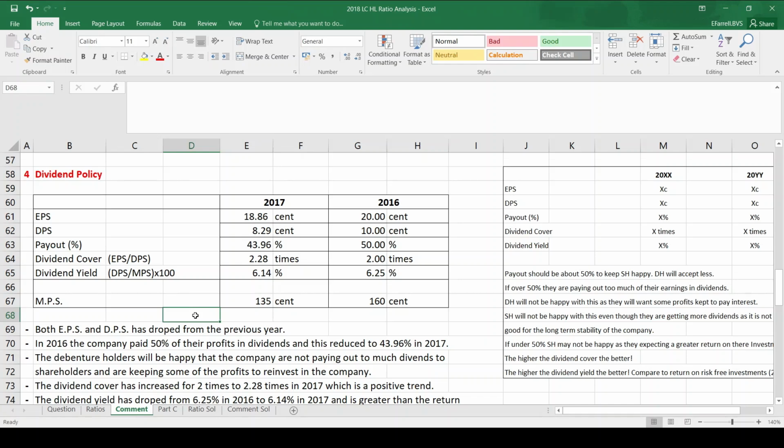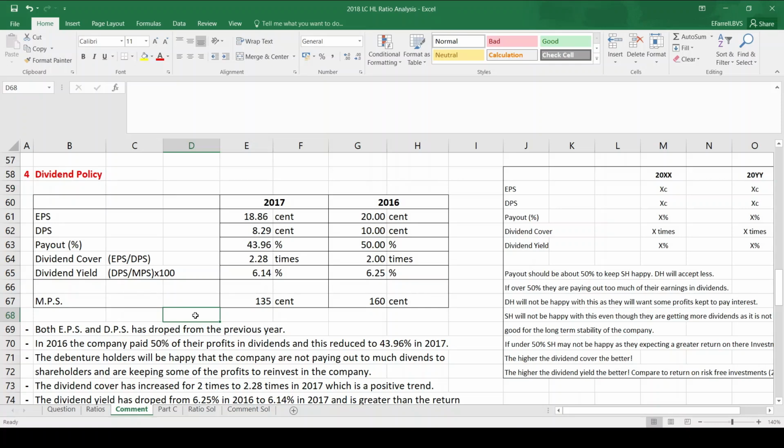They usually say around 50% is good. So you give 50% to the shareholders to keep them happy, and you keep 50% to reinvest in the company. From the point of view of the bank, they definitely don't want it higher than 50% because then they would feel that the company is paying too much money to their shareholders and they're not planning for the long term, as in to pay back the interest and the loans to the debenture holders.